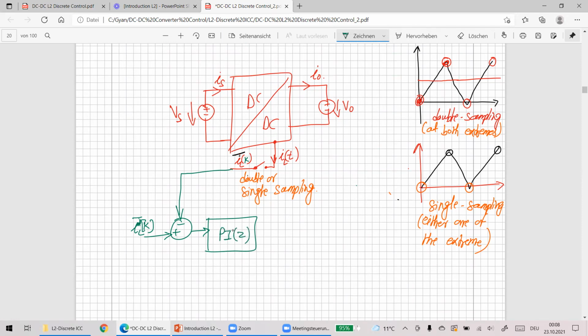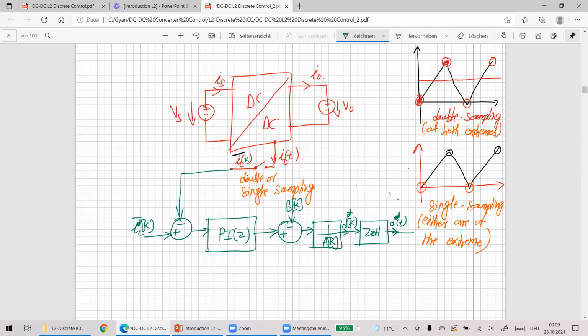And then we have the PI in Z transformation implementation, and we subtract the B of K, and then we do 1 over A of K. This goes as a duty cycle reference in the discrete domain, and then using the zero order hold, we get the reference in continuous time domain, and then this goes to our PWM.